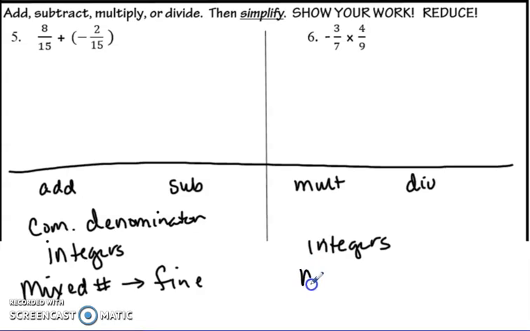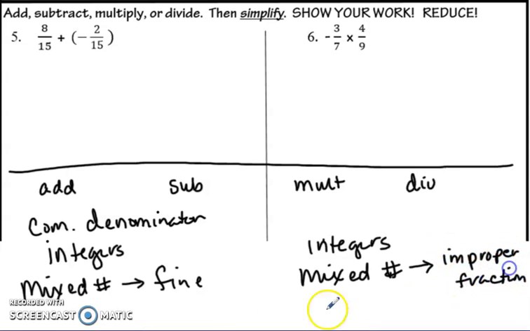These ones, mixed numbers, you have to go and make it into an improper fraction. Have to go make it top heavy. Okay, and these two are almost identical except for this one you have to flip or use a reciprocal or the multiplicative inverse of the second fraction and then multiply.